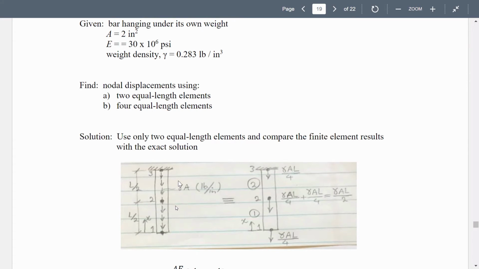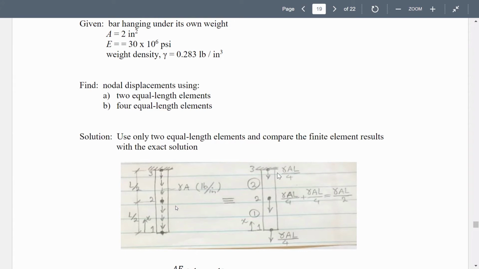It is gamma A times L over 2, then half goes to this node, half goes to this node. So gamma A L over 4 goes to node 1, gamma A L over 4 goes to node 2. This is for this element. Go for element 2. For element 2, the same thing.